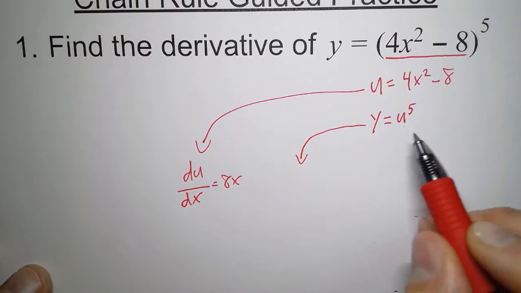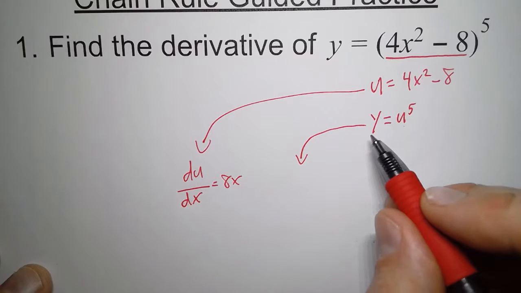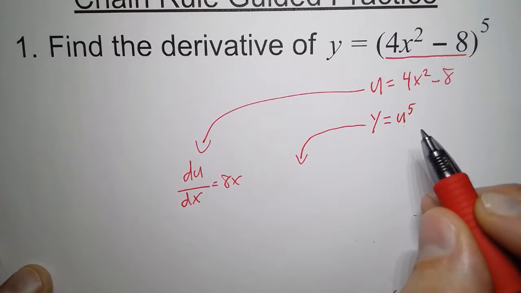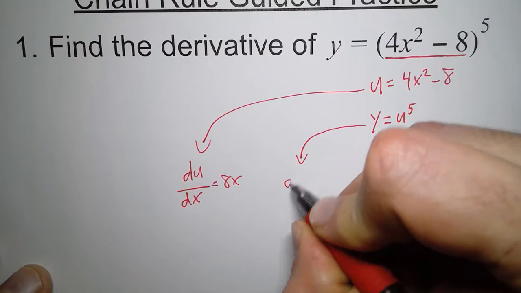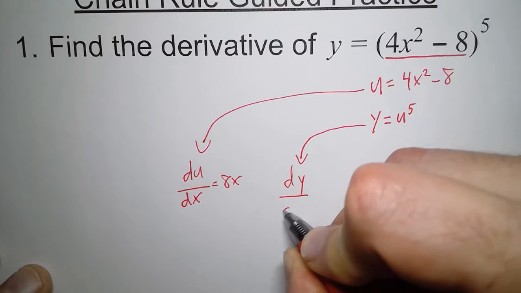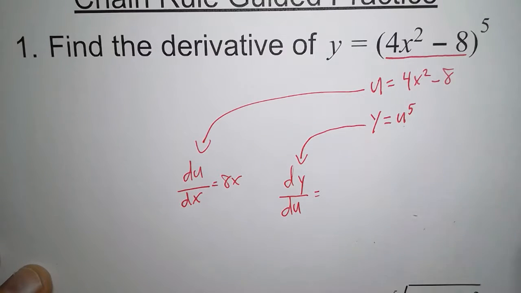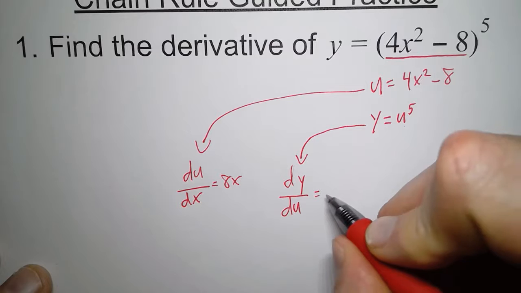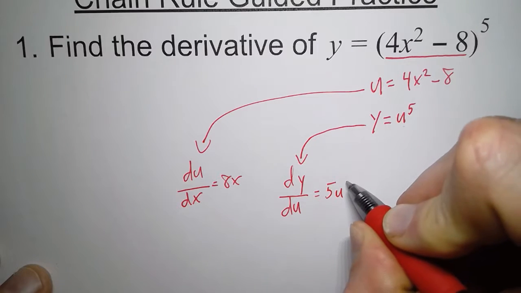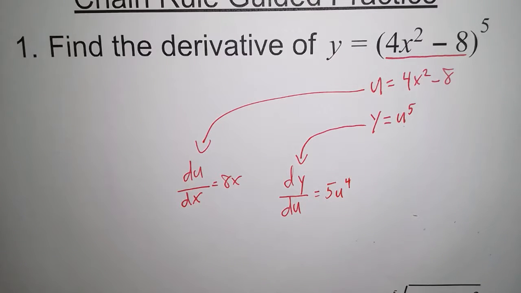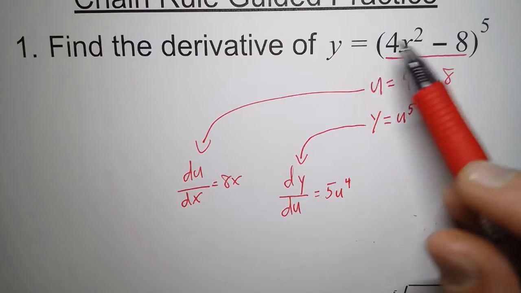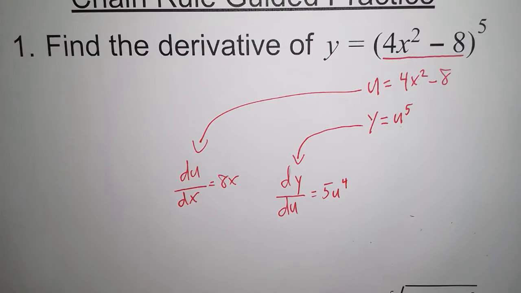Now here we want to find the derivative of this. Y is our dependent variable and u is our independent variable. So we would write this as dy du. And again, this is power rule. So this is 5u to the fourth. Now in the original problem there was no u, there was just y and there was just x.